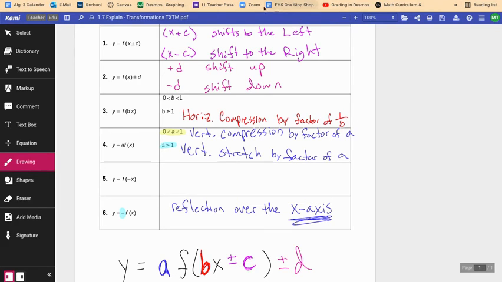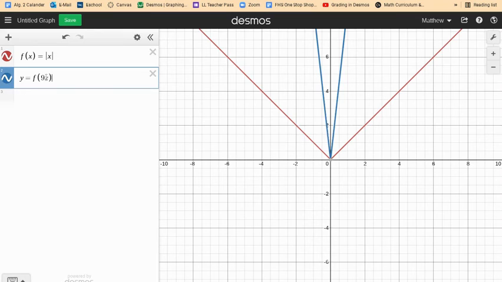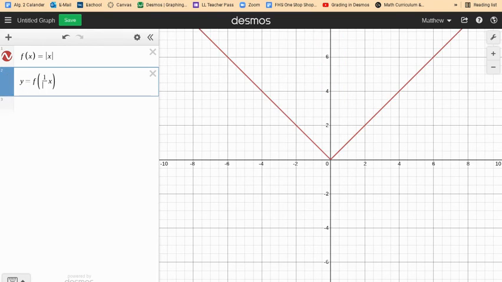Okay, and so then what happens if I have a number that's between 0 and 1? Well, this is considered a horizontal stretch by a factor of, again, 1 divided by B. So let's go back and change this now. So now this number is 1/2.